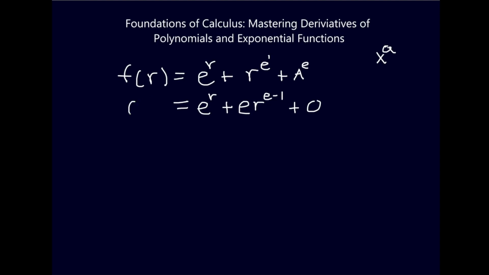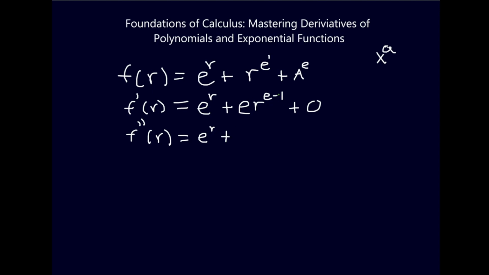So the derivative is often denoted with this little prime. This represents how many derivatives were taken. So let's actually take a second derivative. So we're going to derive our equation twice. Well, it's the exact same thing as before. We have our equation separated by pluses, so we know we have to take the derivative of each individually. So we have that e to the r again, which is simply just e to the r.